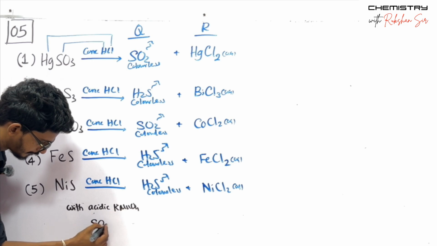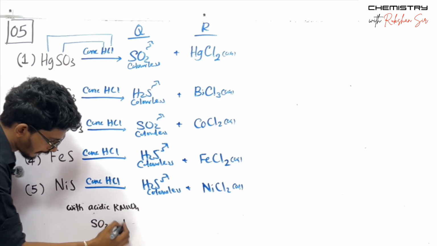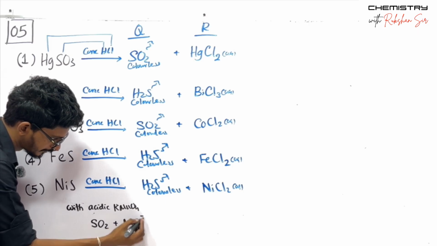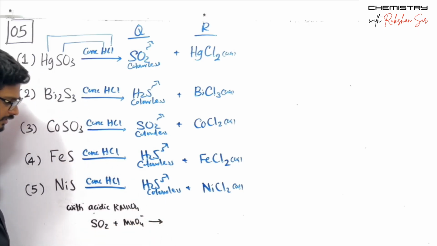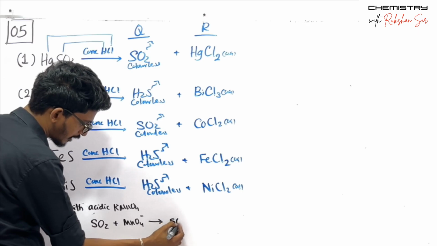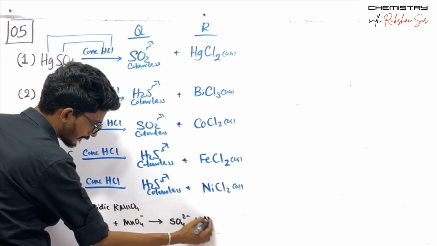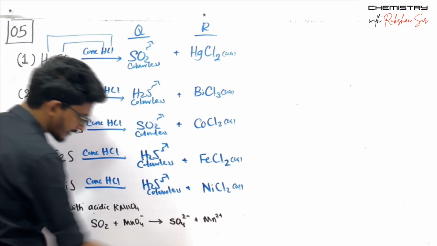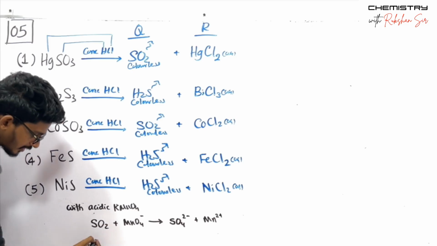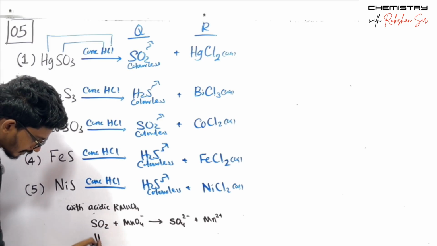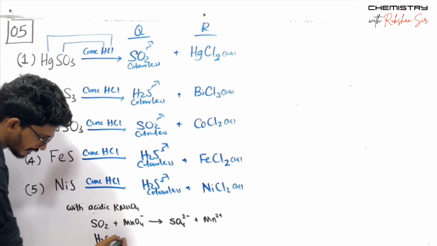SO2 with MnO4-: SO2 oxidizes to SO4 2-, while MnO4- reduces to Mn2+. The solution will decolorize. With H2S as well, the same thing happens.